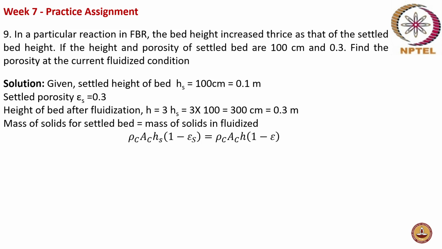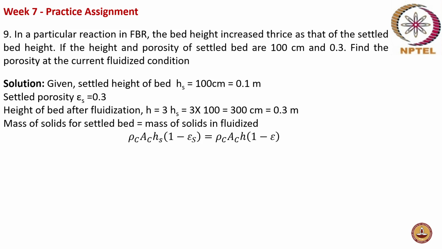So now equating the mass of the solids for the settled bed and after the fluidized condition, it is rho c into Ac into Hs into (1 minus epsilon s). Here rho c is nothing but the density of the catalyst, Ac is the area of cross section of the reactor, and Hs is the settled height of the bed, where epsilon s is the settled porosity.